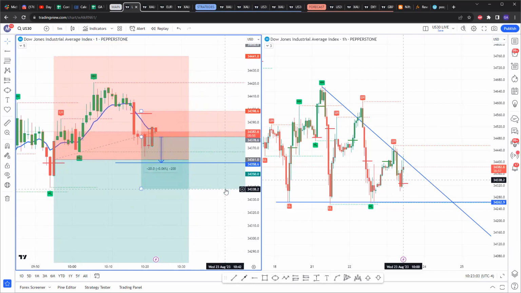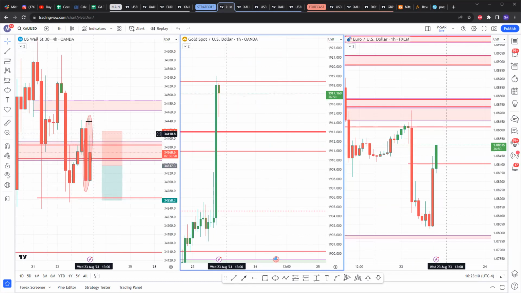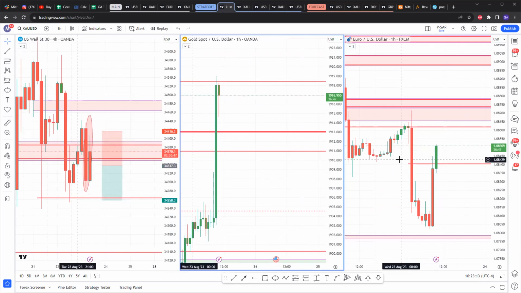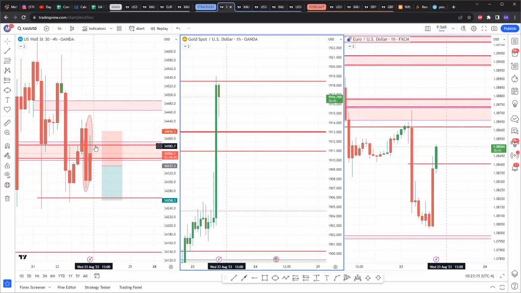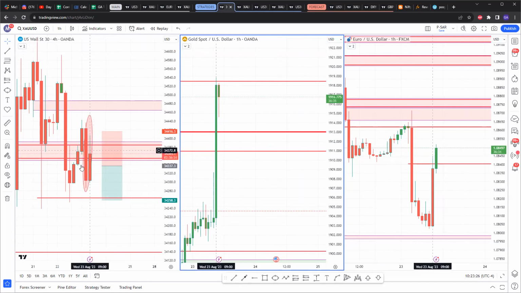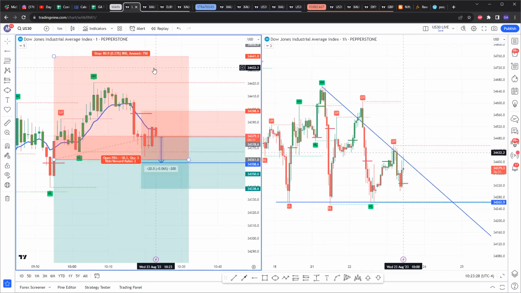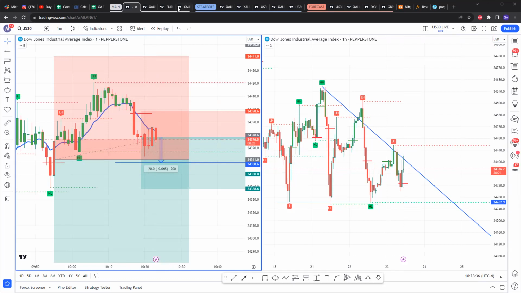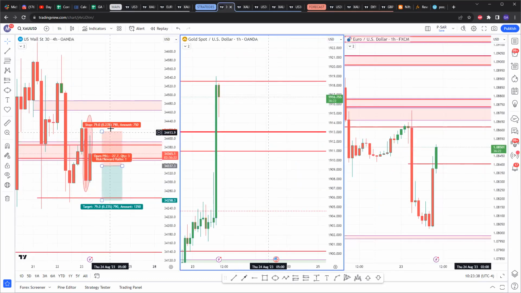Yeah, you cannot look away unless you have a lot of discipline, like on the 1 minute. This is the reason why I mark these things up for you guys on the 1 hour and 4 hour. Look at this, you wouldn't be stressed entering this because you can see these long wicks and you know it took like 3 hours to form this. But let's say I didn't have a bearish bias on the hourly or 4 hour, I would honestly be with you guys. If I was forming and buying and selling randomly, I would be so stressed in this trade if I didn't have this hourly outlook or 4 hour outlook.